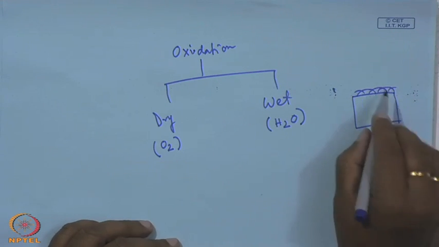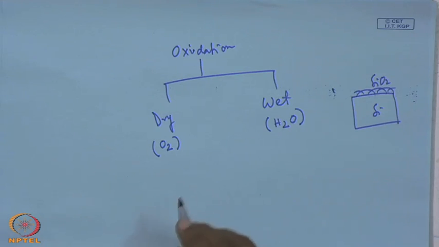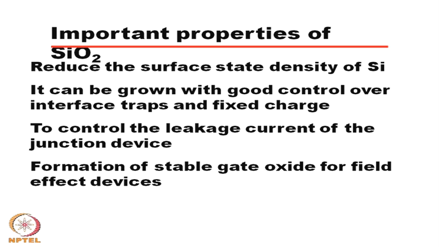With the application of SiO2 on silicon, it can reduce the surface state density, and it can be grown with good control over interface traps and fixed charge to control the leakage current of the junction device and for formation of stable gate oxide for field effect devices, below which the conducting channel is formed in a MOS device.